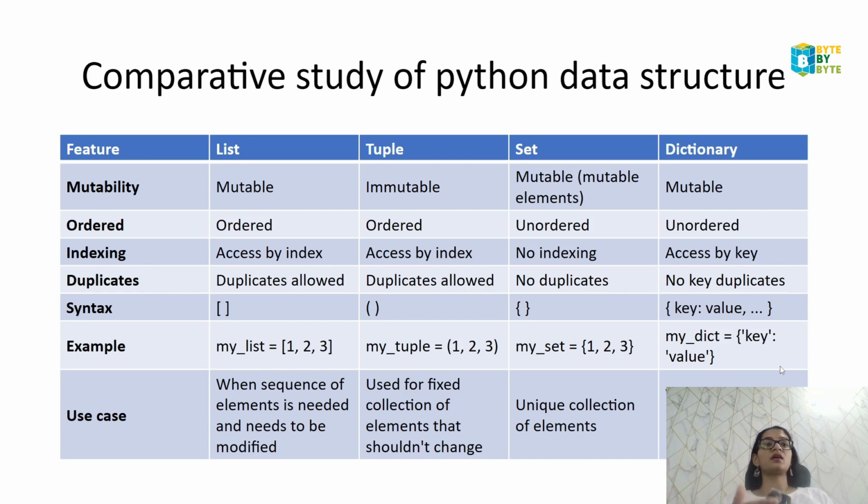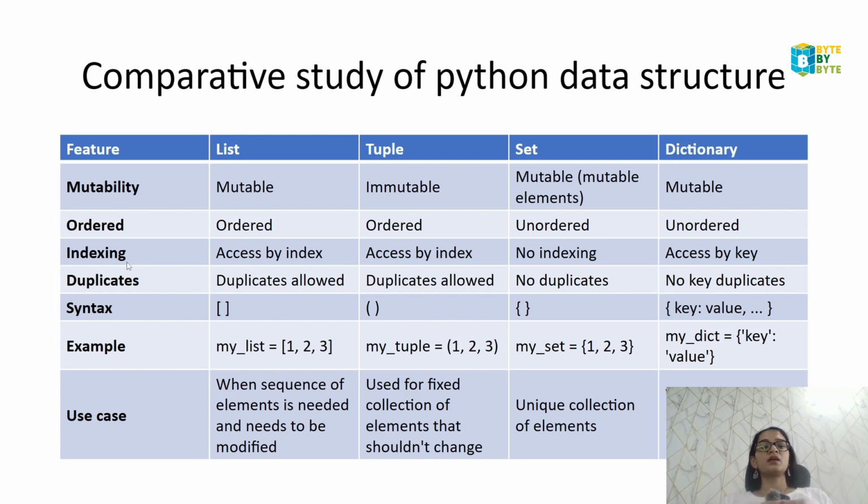Now the next point is ordered. Ordered means the order in which we are putting elements in the list is the same way they appear. So your list is ordered, your tuple is ordered, your set is unordered. Unordered elements means your set is first of all a collection of unique elements. Your dictionary is also unordered.